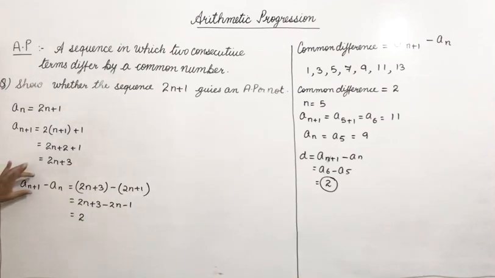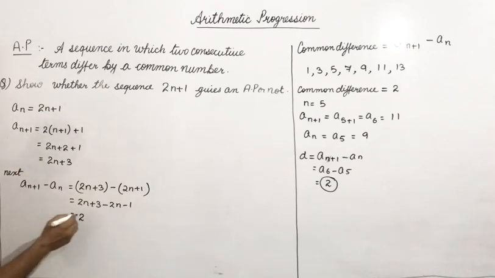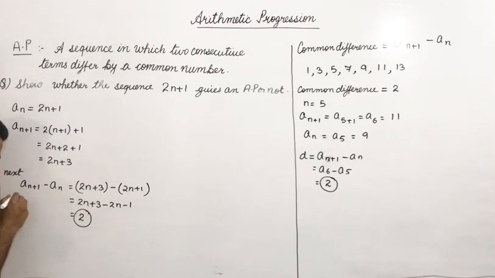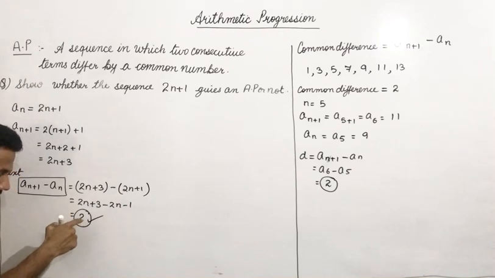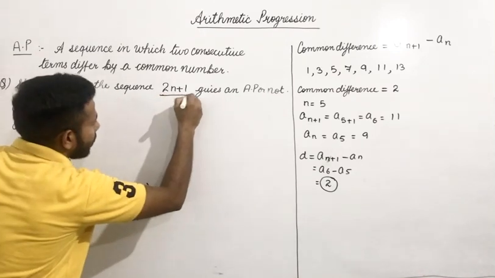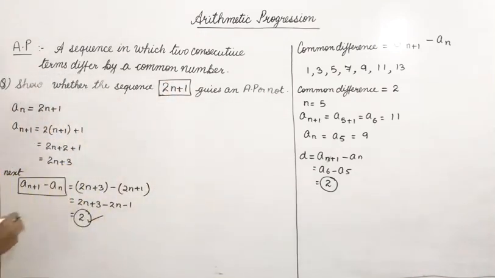So if the difference between the successive term and the preceding term comes a constant, see this number 2, this is a constant and that is independent of n. It has no n here, nothing. If this difference comes a constant, that is independent of n, then this sequence gives an AP.